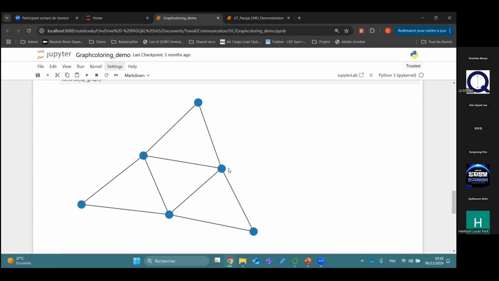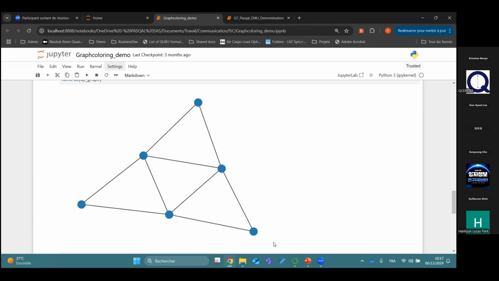Why is this a quirky graph? It's because if you look at this graph from a maximum independent set approach, you can see that the 3 outer nodes, so the 3 points of the large triangle, form the maximum independent set of the problem.